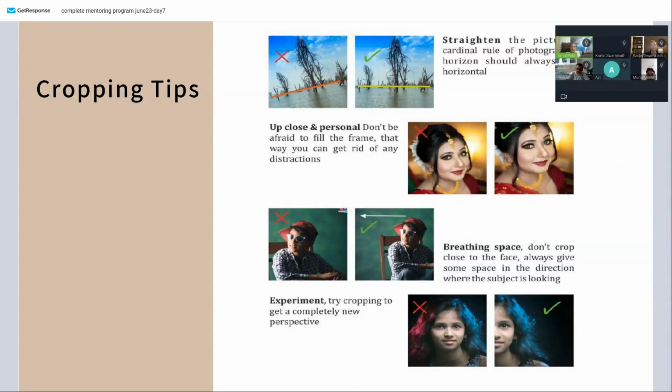Whenever you are cropping, don't be afraid to crop very close. Tight crop is also recommended. Normally, we say that there should be some breathing space around the subject. But once in a while, you can also crop it very tightly so that you achieve the fill the frame concept, and it should be with a purpose.